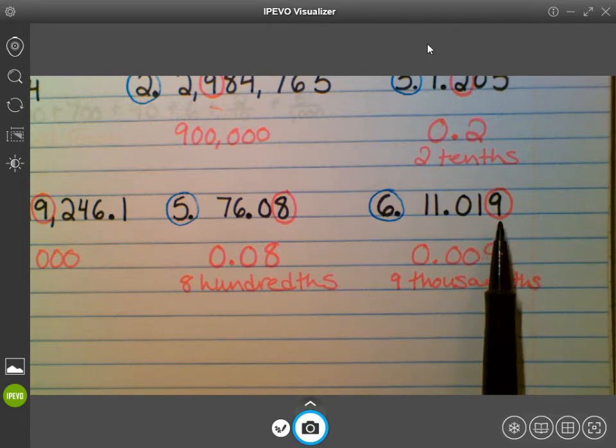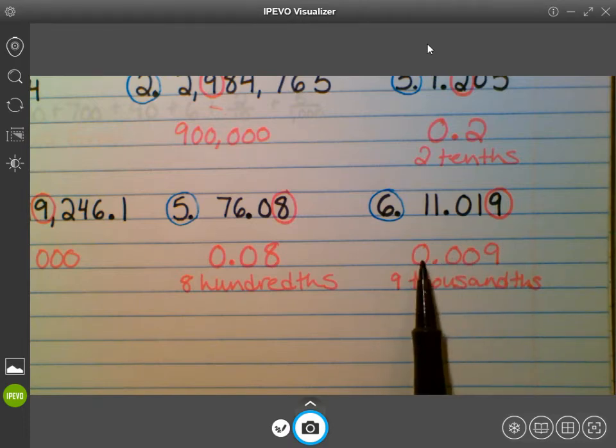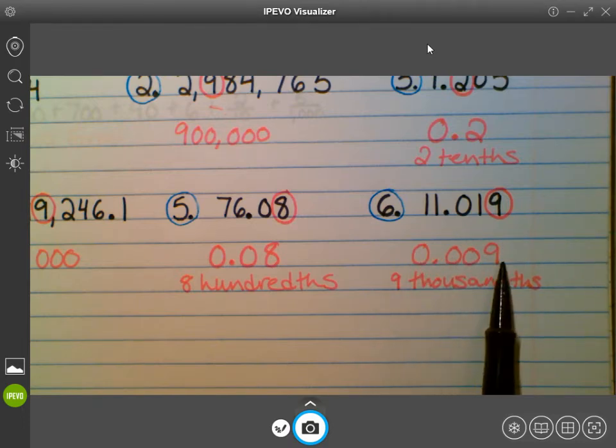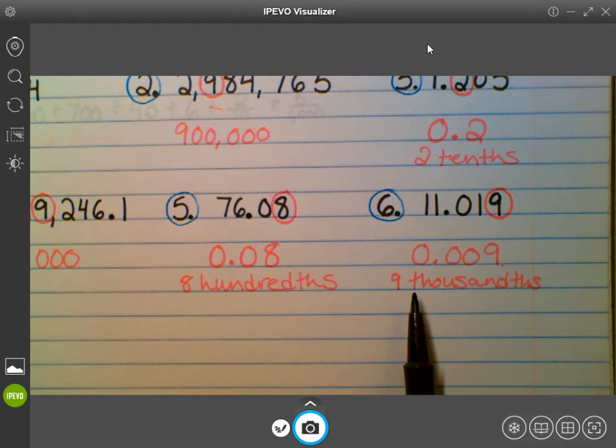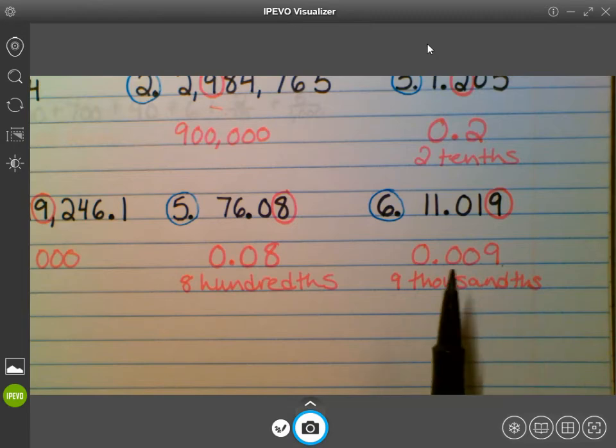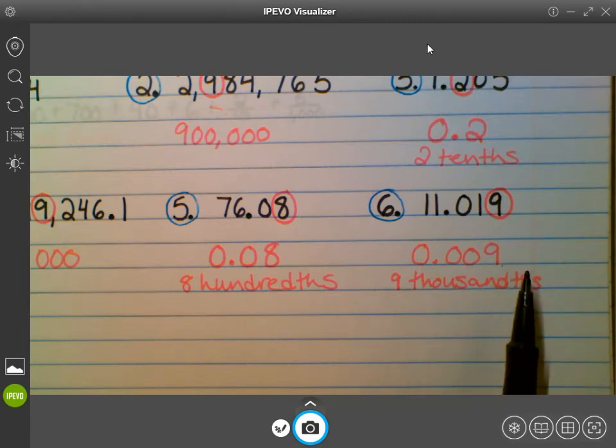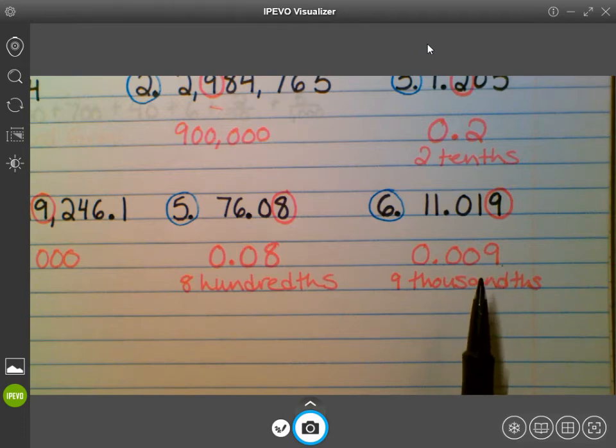So the 9 is in the thousandths place, which means its value is 9 thousandths. So you could have written that as 0.009, or written out 9 and then written thousandths. Again, if you wrote out the word thousandths, awesome, but I also want you to write the 0.009 so that you recognize that both of these terms are for the same number.